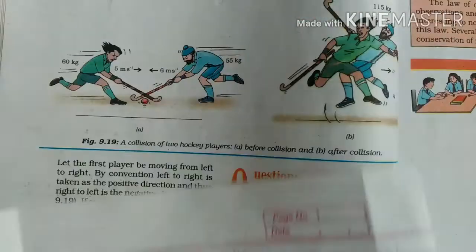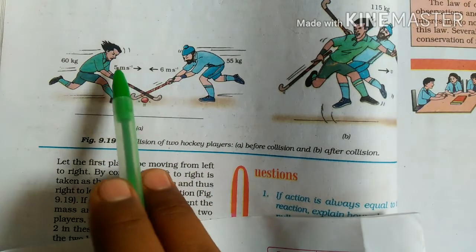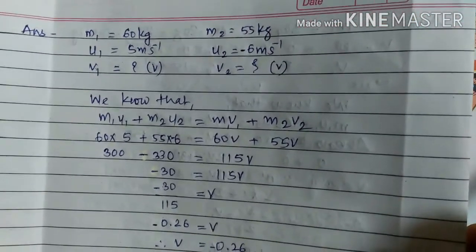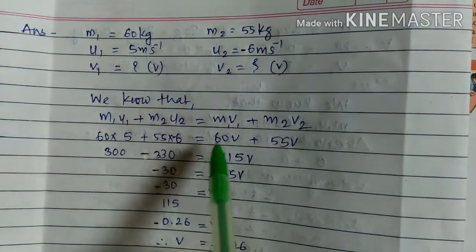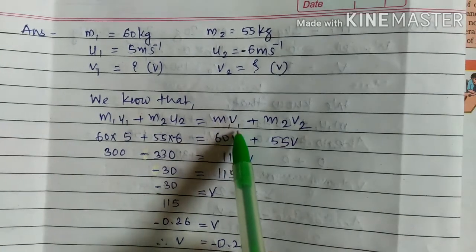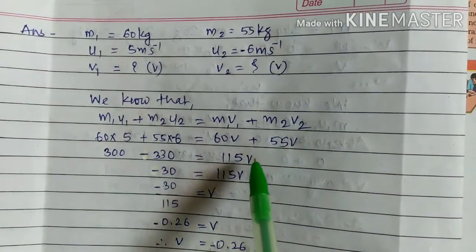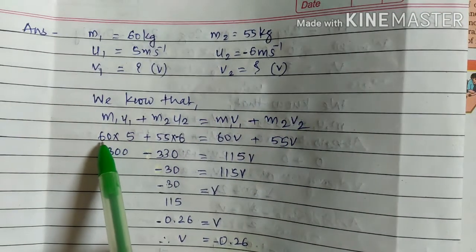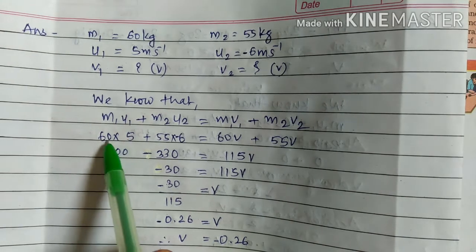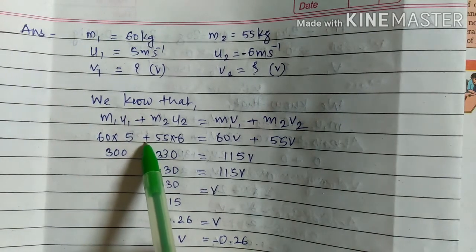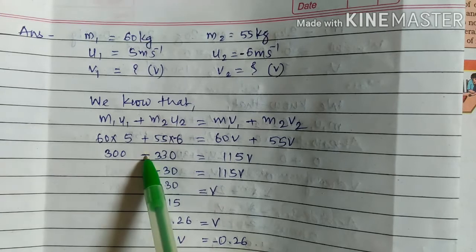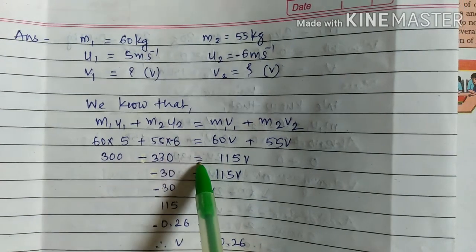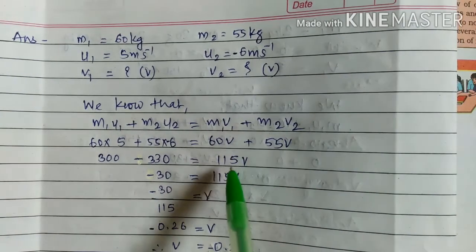I have told you this player is opposite to this player, that's why we have to take minus its velocity, that is minus 6, is equal to m1 60 v, we have taken only velocity, plus m2 55 v. Now 6 5s are 30, put 0 means 300. Now plus minus multiplication, 55 into 6 is 330, is equal to 60v plus 55v, that is 115v.